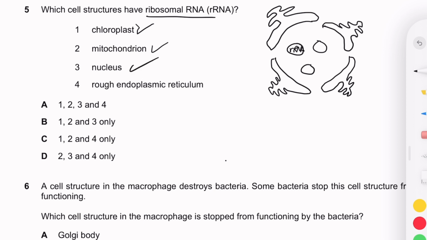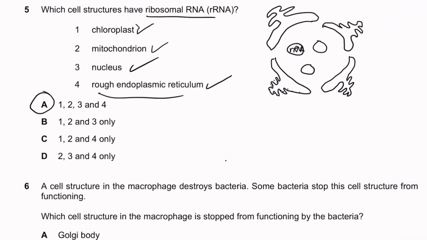And so the nucleus most definitely contains it. Rough endoplasmic reticulum has 80S ribosomes on its surface, and that is why, of course, it has ribosomal RNA. So 1, 2, 3, and 4, A.